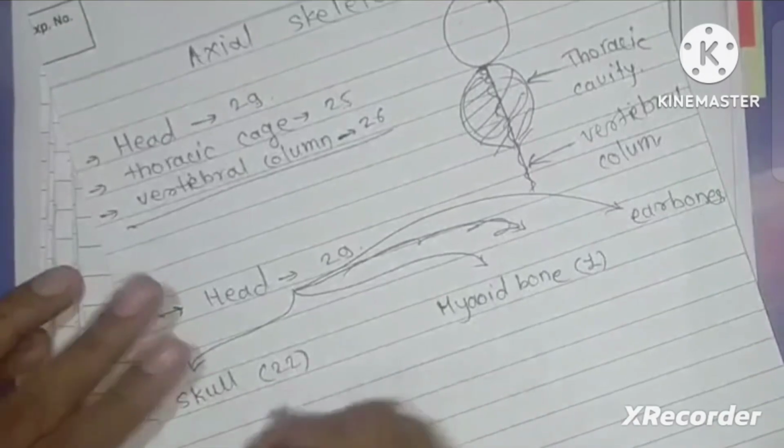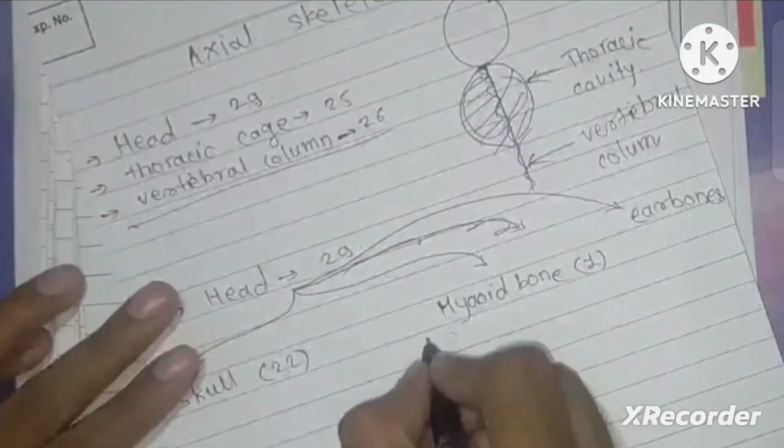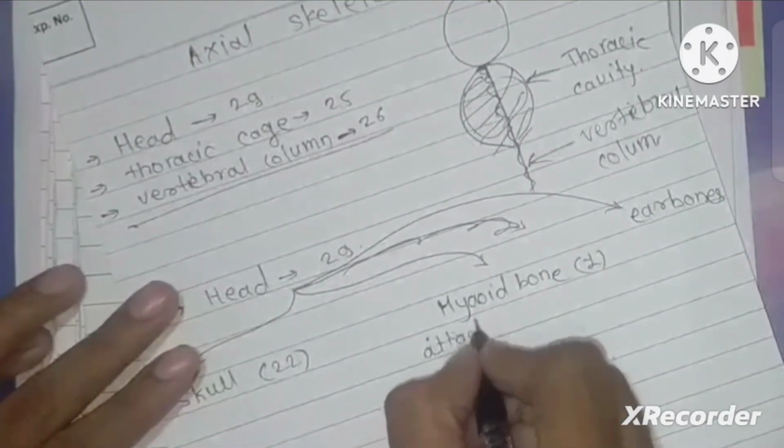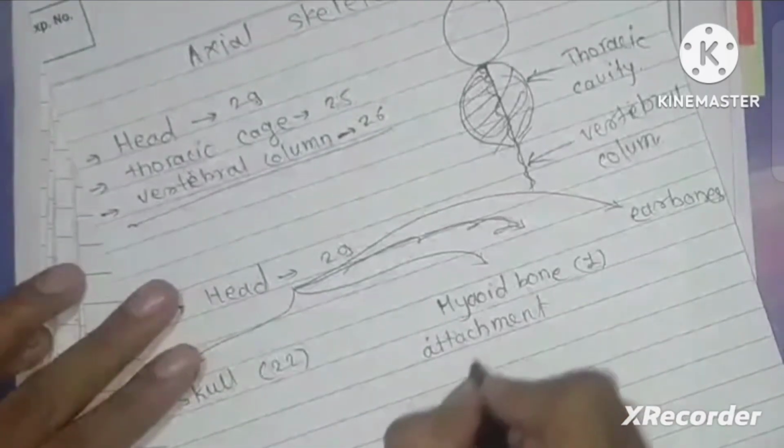Twenty-two bones in skull are further categorized, and hyoid bone is attachment of tongue, which is to be remembered.